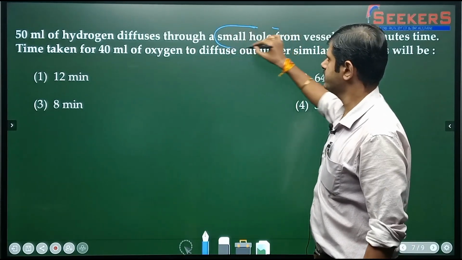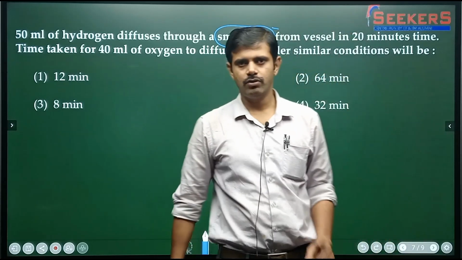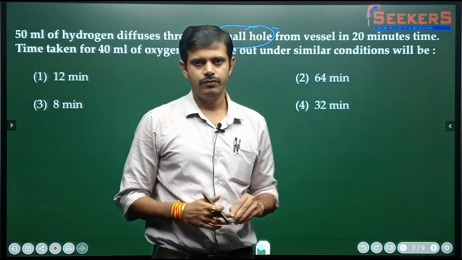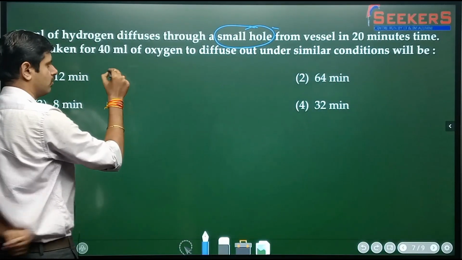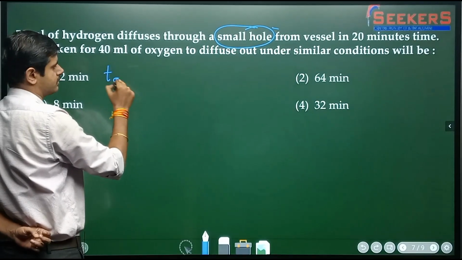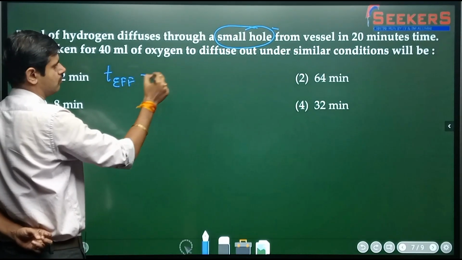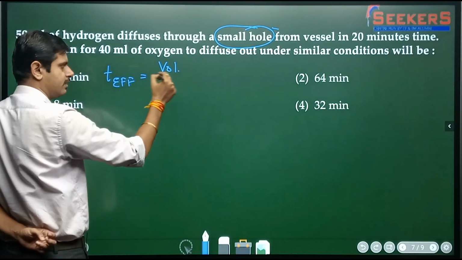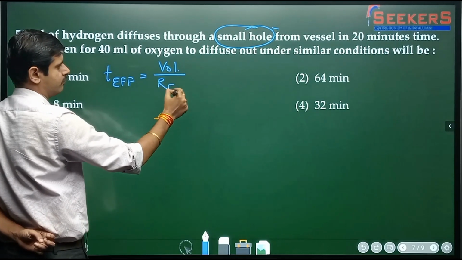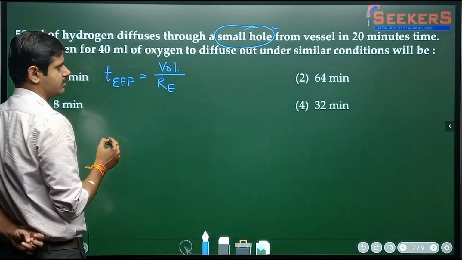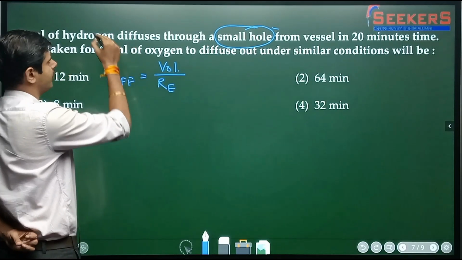Diffuses through a small hole means they are talking about effusion. We know the time of effusion is equal to volume of gas divided by rate of effusion. Now we are having two gases.